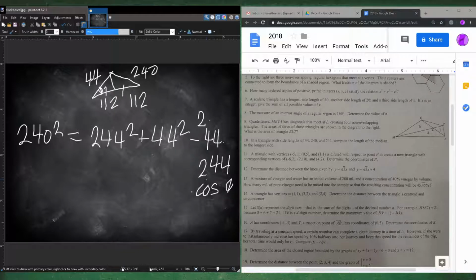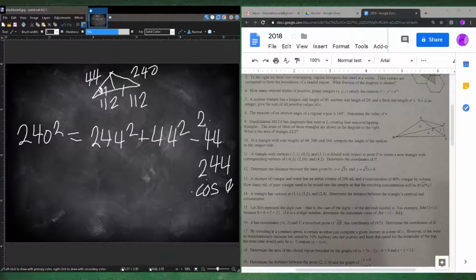So you can use your calculator to do the calculations, and we could already simplify. So 240 squared minus 244 squared minus 44 squared, and then you divide by negative 2, divide by 44, and divide by 244, right?